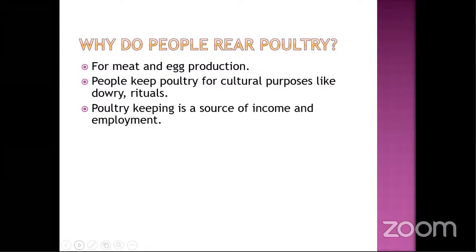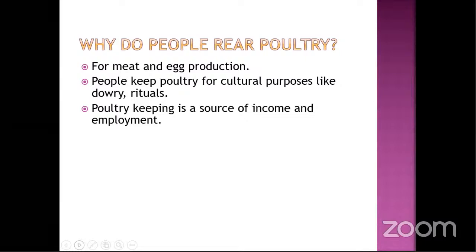Then the other reason is this one. Let me ask Samantha to read for us this one. Poultry keeping is a source of income and employment. Good. So when you talk about this one here, you can also actually make 2 points.